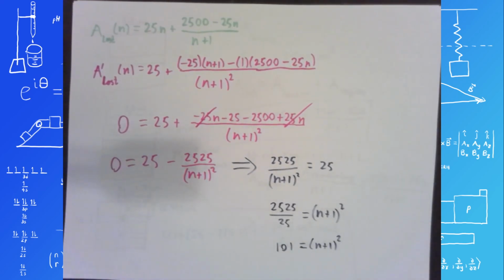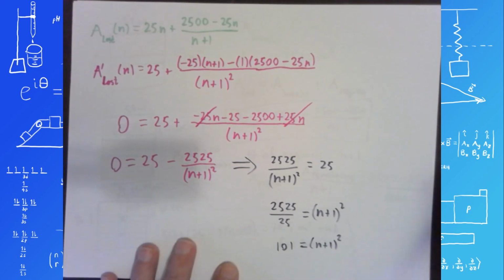Square root of 101. Let's see, the square root of 101 is about 10.0498, so I'll say 10.050.